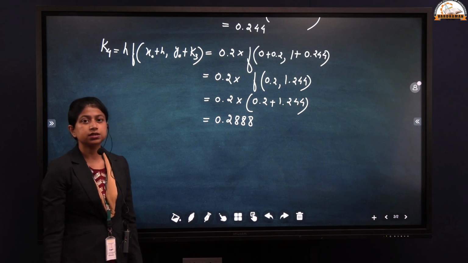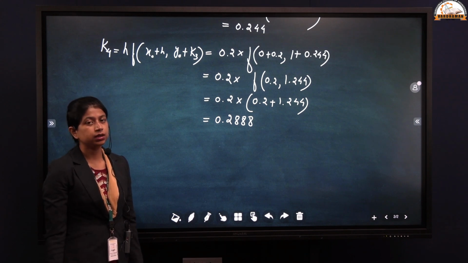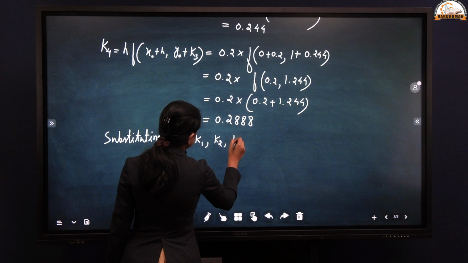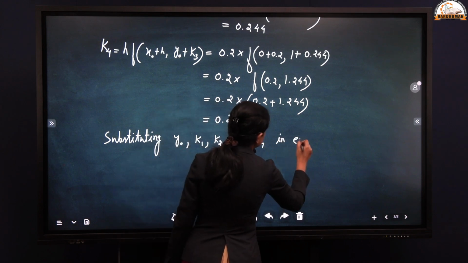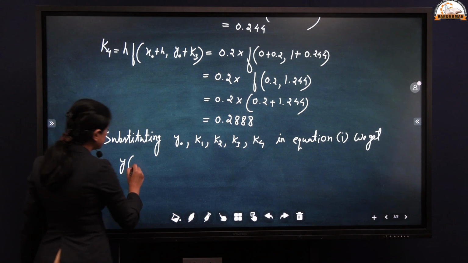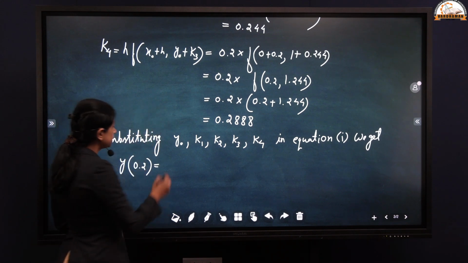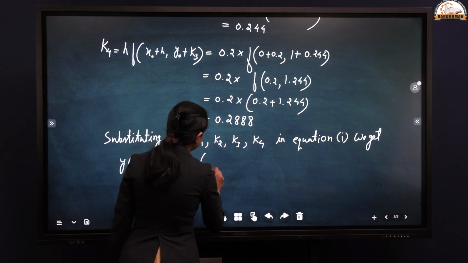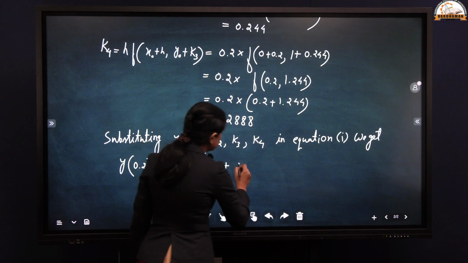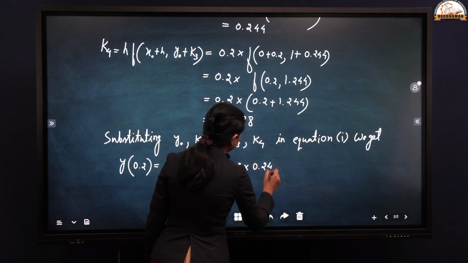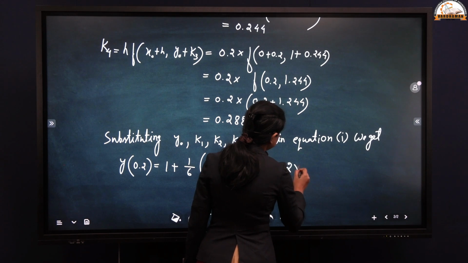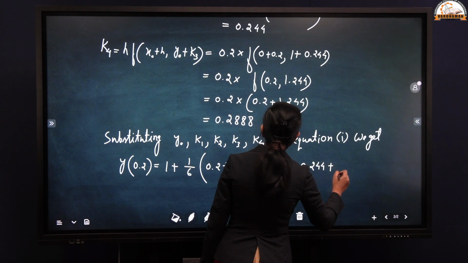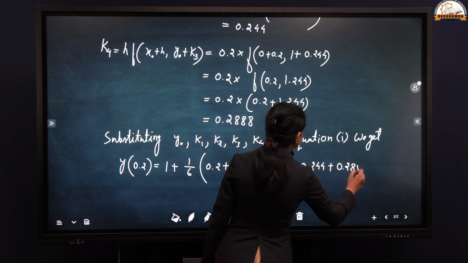Now we will substitute this k1, k2, k3 and k4 in equation number 1. Substituting y0, k1, k2, k3, k4 in equation 1. We get y at 0.2 is equal to y0. y0 is 1 plus 1 by 6 k1. k1 value is 0.2 plus 2k2. 2 into k2 is 0.24 plus 2 into k3. k3 is 0.244 plus k4, which is 0.2888.